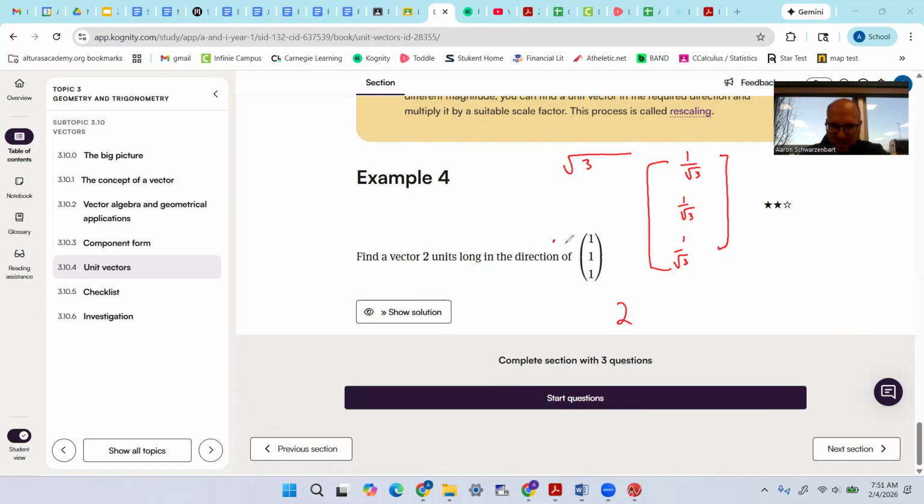So I'm going to call this directed vector x. So x hat is this. In that direction, I'm just looking for 2x hat, which is then 2 over square root of 3.